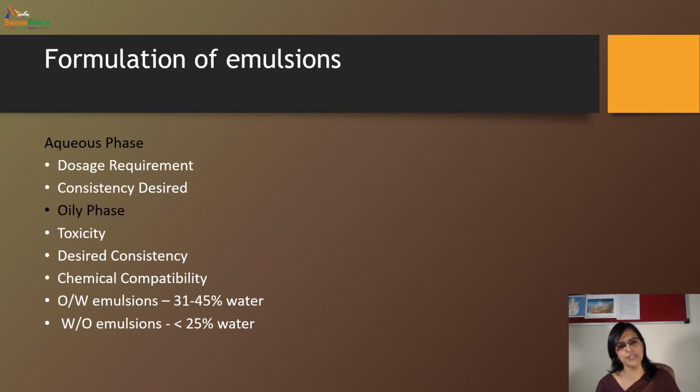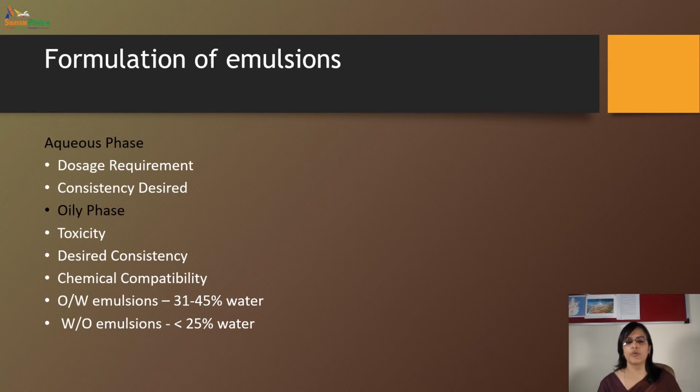So dear students, as you all know, in formulation of emulsions we have an aqueous phase and an oil phase. So we have these two phases. The aqueous phase decides the dose requirement and the consistency desired.